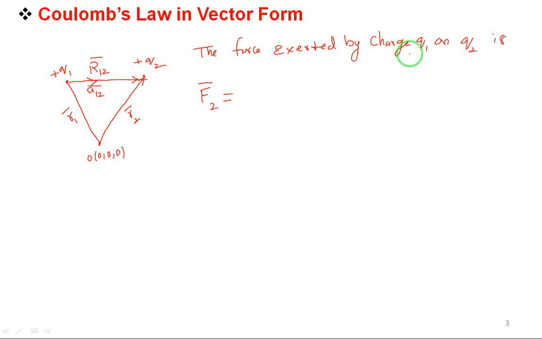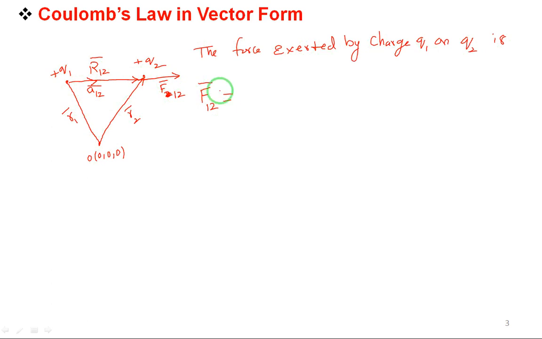The force exerted by charge q1 on q2 means the force experienced by charge q2, F2 is equal to, it is repulsive force. So I will show the direction of the force also here. It is F2 vector. If you want to be very specific, you can write F12 vector also, no problem. F12 is the force. Let me change it here, it will be very clear. F12, right? So it is repulsive force.